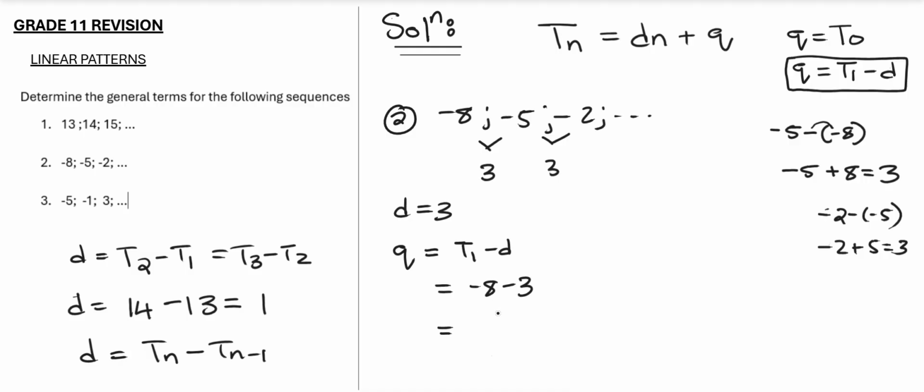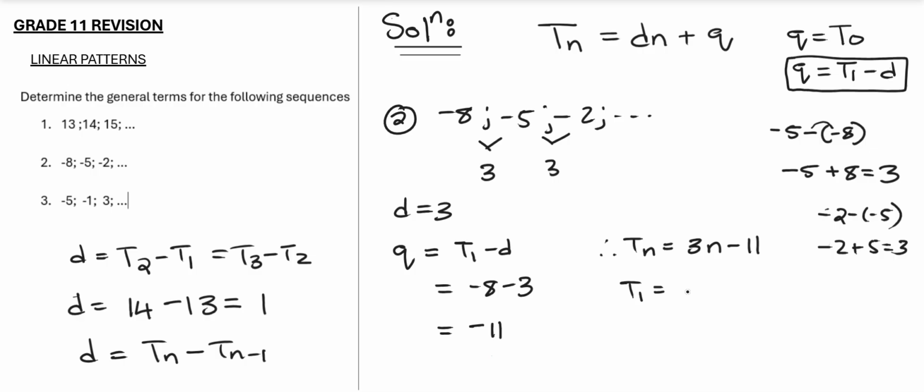That gives us a negative 11. So our general term is going to be equal to 3n minus 11.